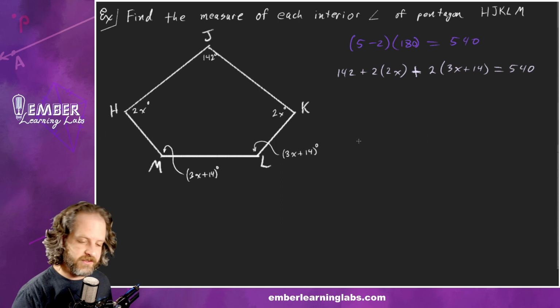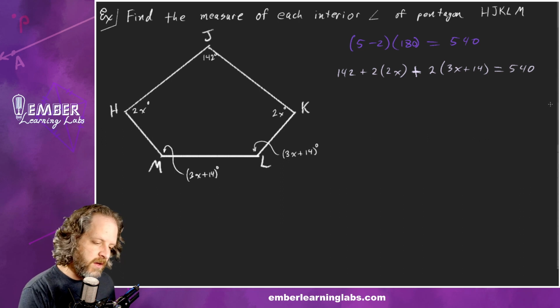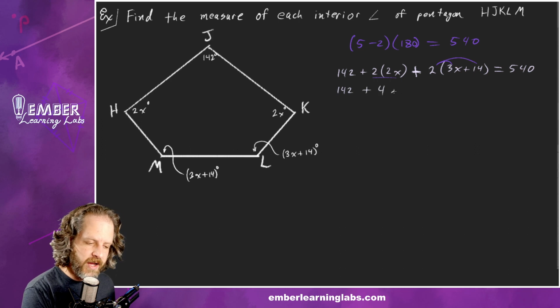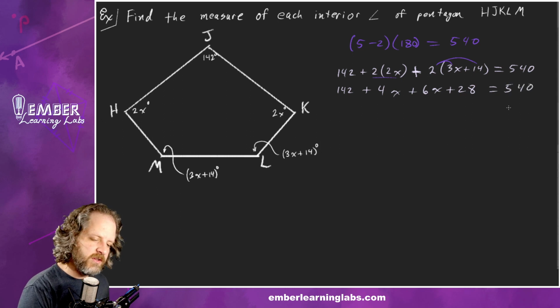Now we're going to solve for x. Let's do it. So we're going to distribute. Well, this one we're just going to multiply, and this one we're going to distribute. So I'm going to bring down 142 plus 4x. 2 times 3 is 6, so plus 6x plus 28 equals 540. So then we've got some like terms. We've got this one right there with this one right there.